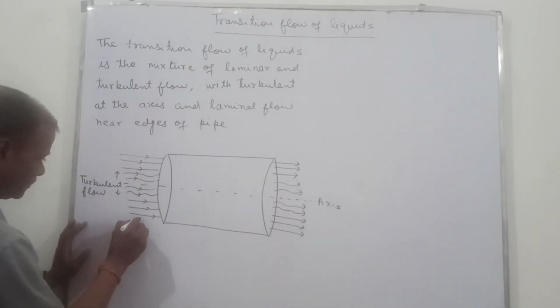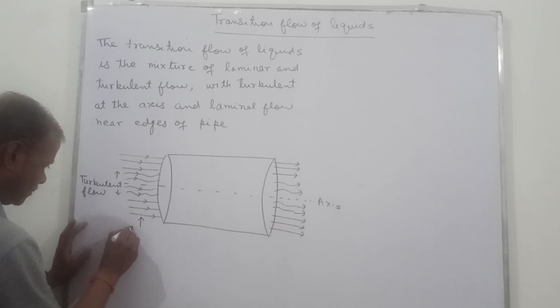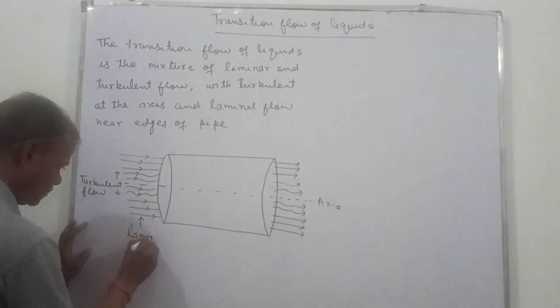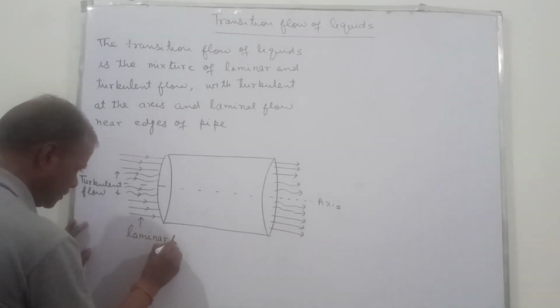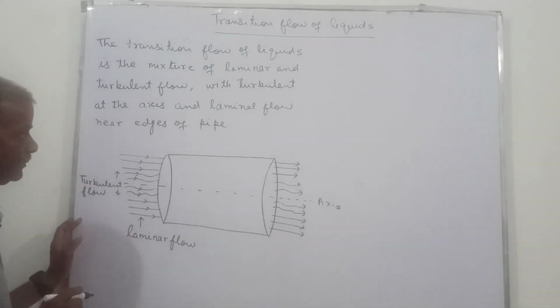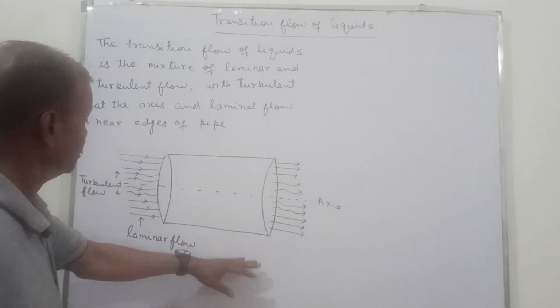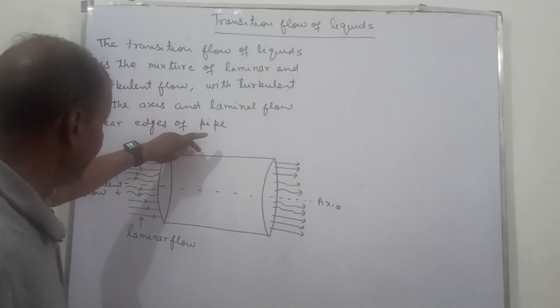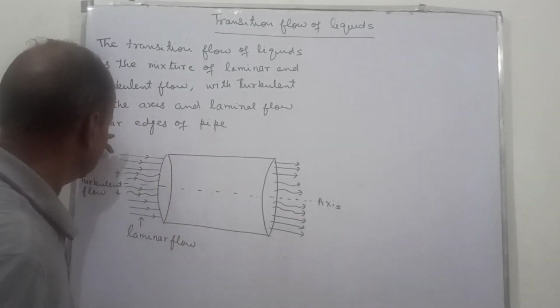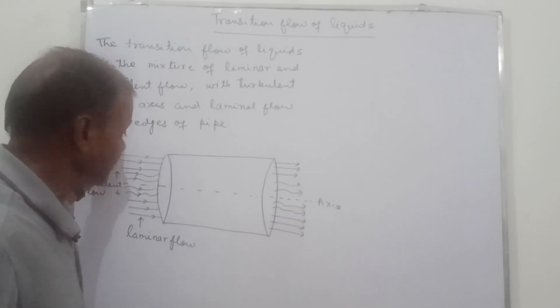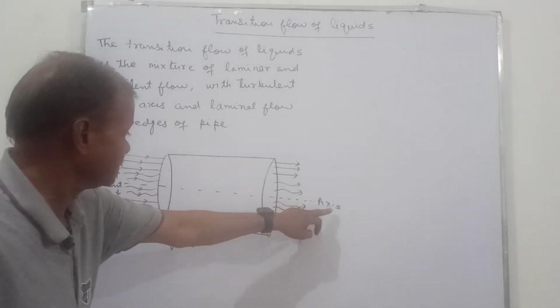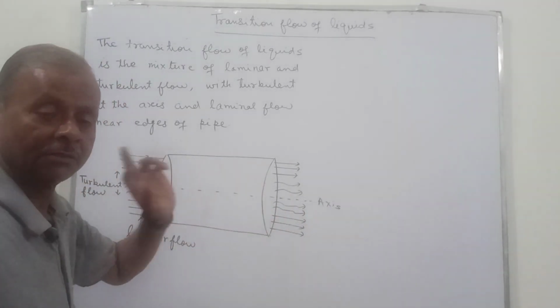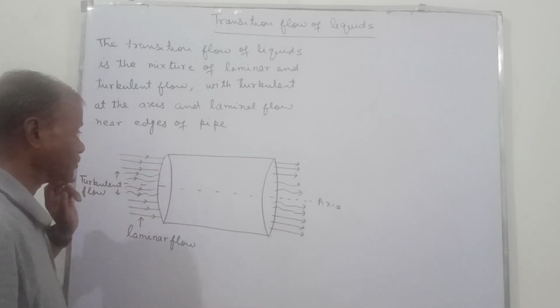So just near the edge of this pipe, the flow of the liquid is laminar, and at the axis the flow is not laminar but it is turbulent.